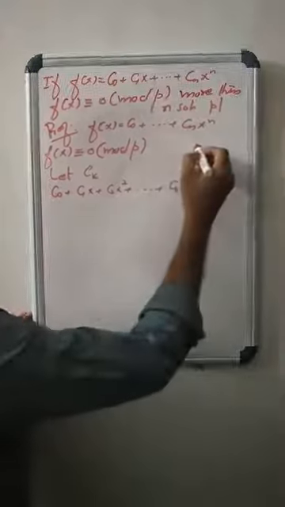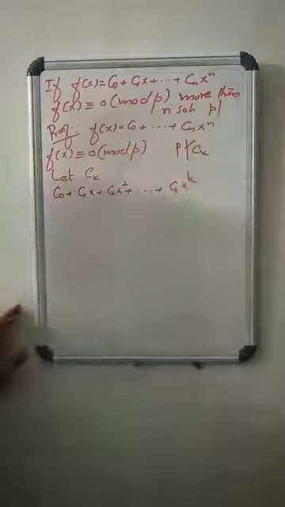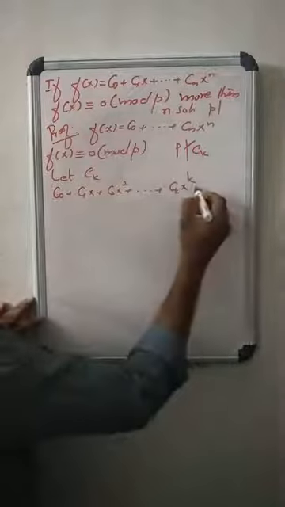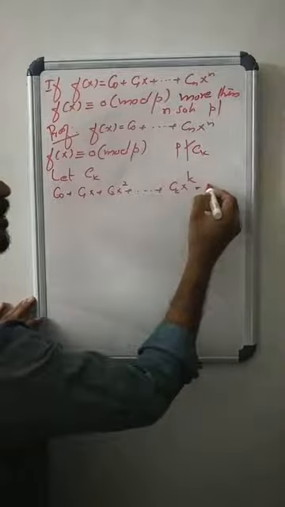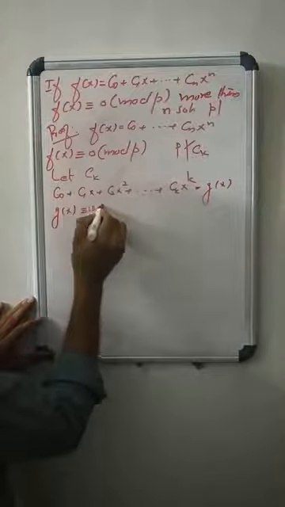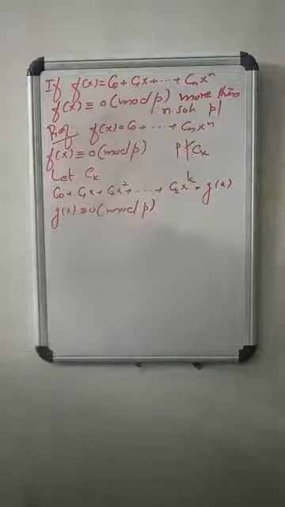We choose ck in such a way that p does not divide ck. Then consider the polynomial c0 + c1x + c2x^2 + ... + ck x^k, and suppose this is g(x). Then g(x) ≡ 0 mod p has at most k solutions. Why?